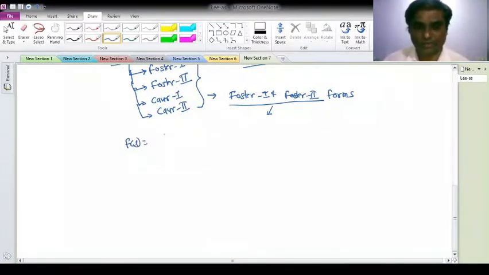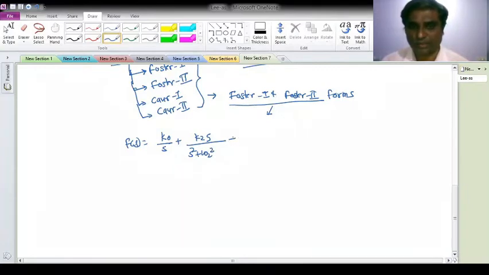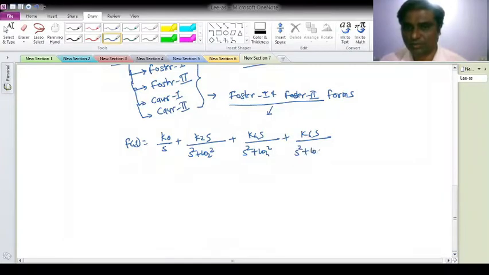F of S was K0 by S plus K2 by S upon S square plus omega 2 square plus K4S upon S square plus omega 4 square plus one more was there, K6S upon S square plus omega 6 square plus the pole at infinity.